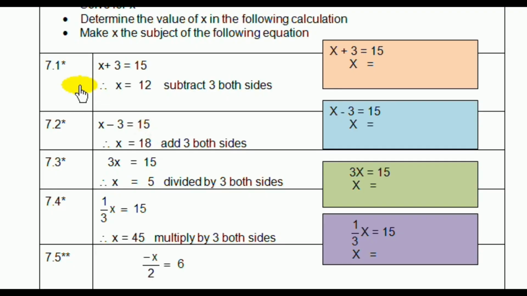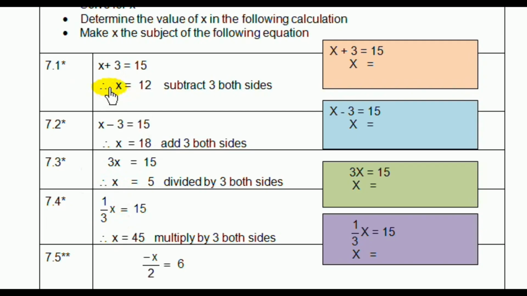If you look at the first 4 questions here in exercise 7, 7.1 to 7.4, we have exactly the same values, but a different question. x plus 3, and then x minus 3, and then 3x, or x times 3, and then x divided by 3. So I have all 4 of the calculations with the x.